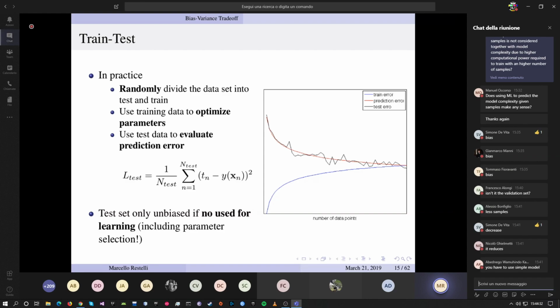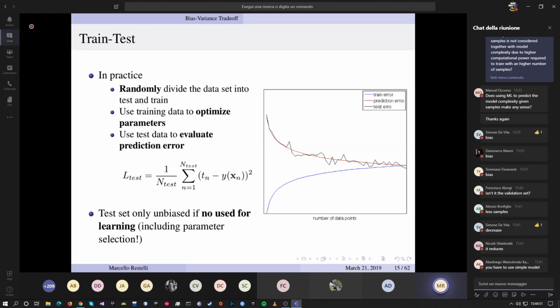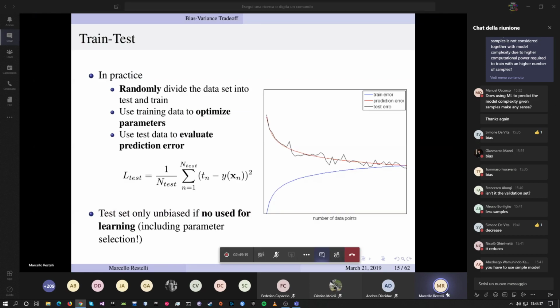And this is quite reasonable, because suppose again the case of linear regression with polynomial features and 20 samples. If you have 20 samples and 20 parameters, you have a 0 train error. But now, if I increase the samples and leave constant the number of parameters, the train error will increase, because I will see new samples that are not well explained by the interpolating polynomial.